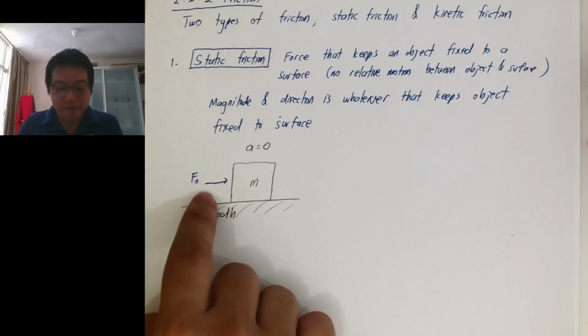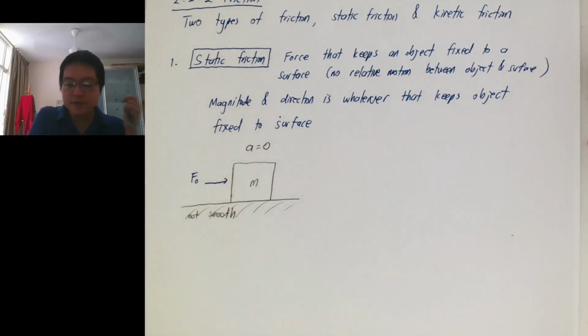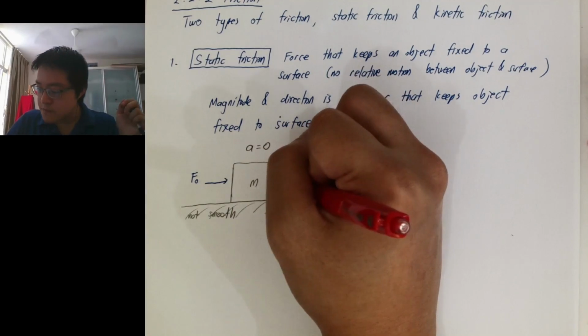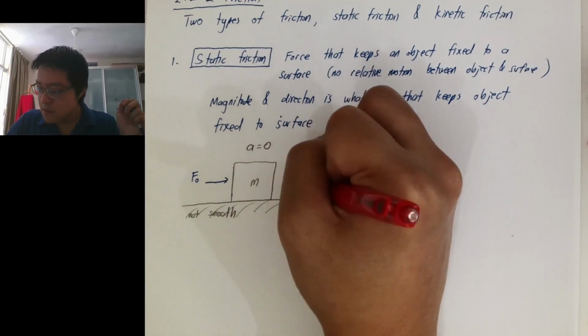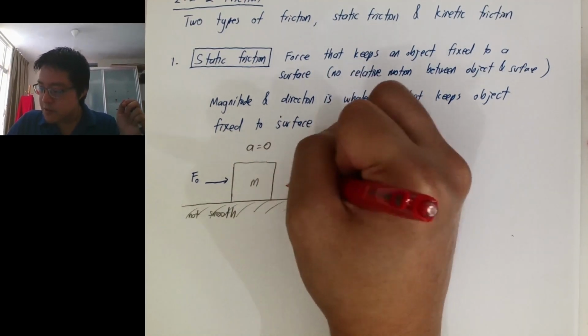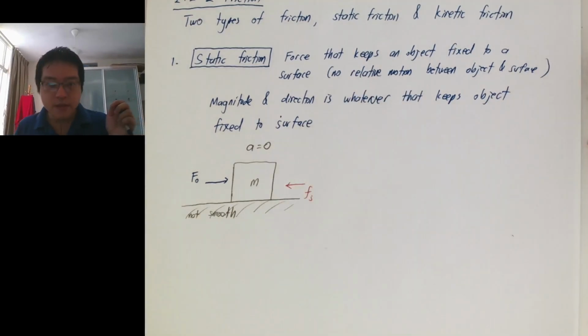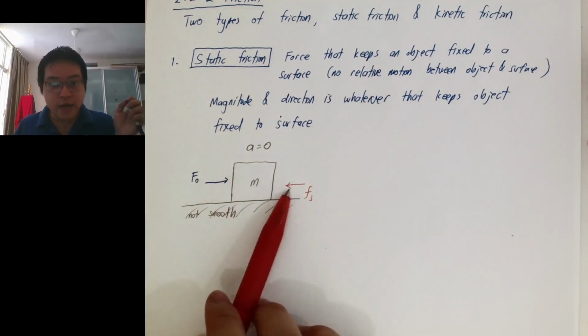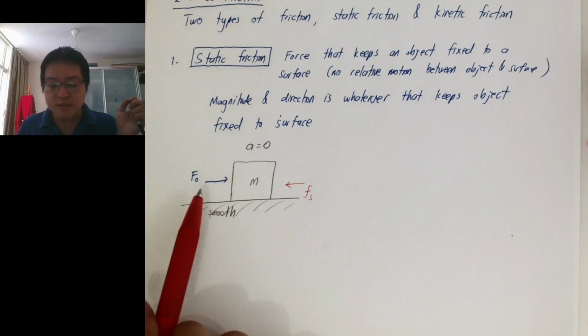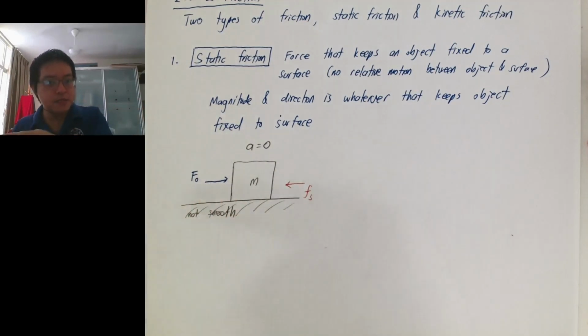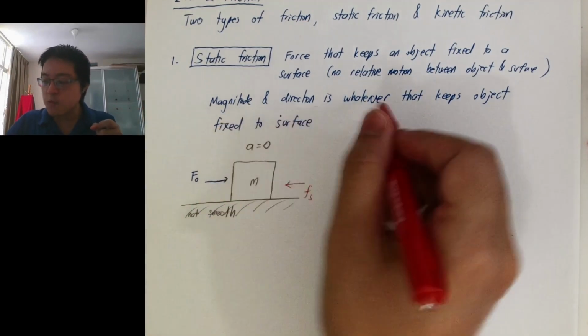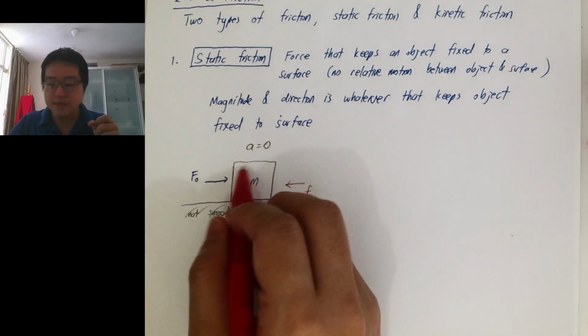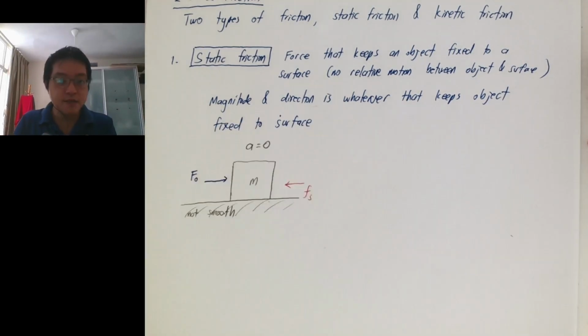I have one force here, but there must be something to make it 0 net force, and that is friction. Why do I draw this direction? Because I want to cancel this force, so it must be opposite. Magnitude and direction is whatever keeps it fixed to the surface, like this.